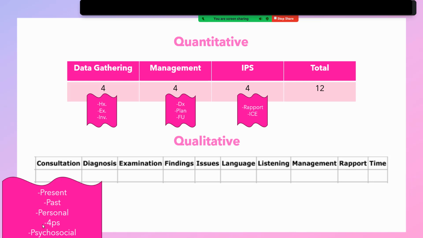Oxybutynin is used for benign prostatic hyperplasia or for urinary incontinence. Okay? All of the doctors know this station.